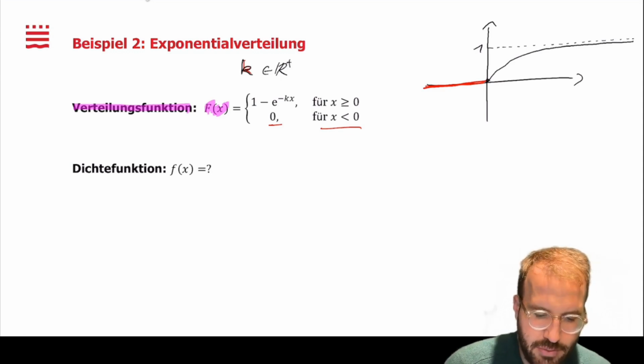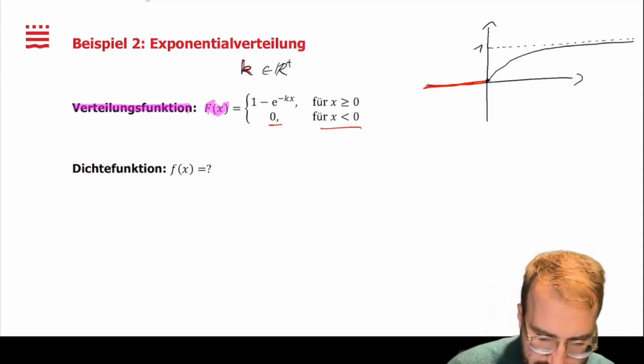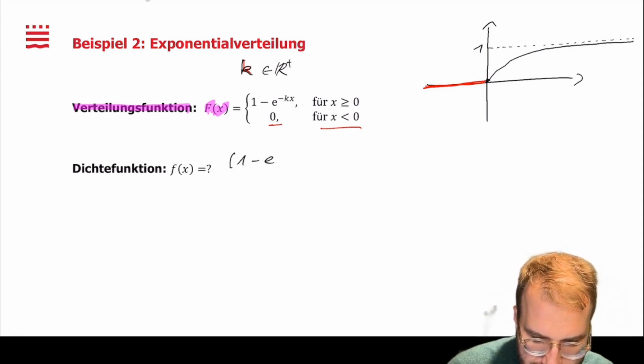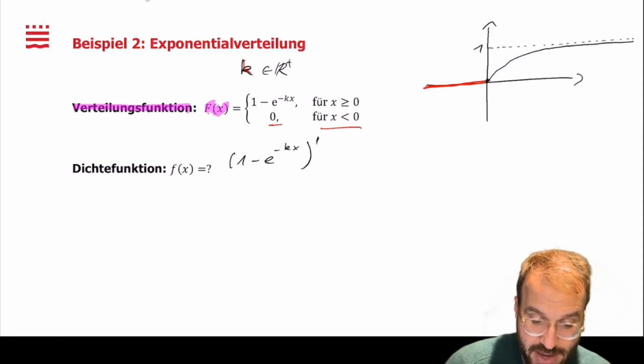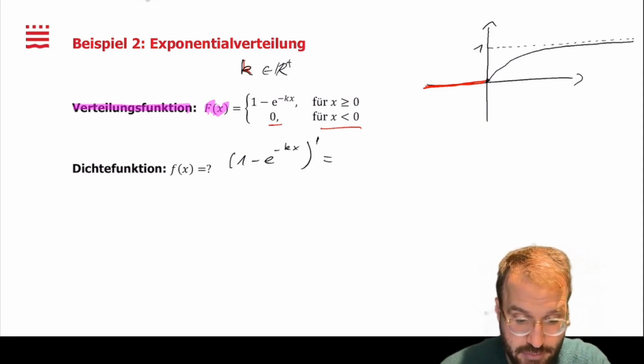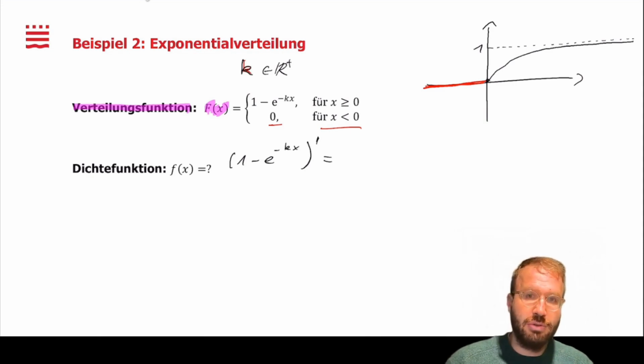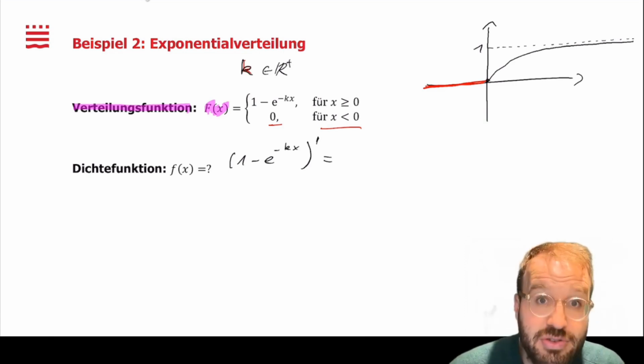Now we want to determine our density function. That is, we take the function 1 minus e raised to the power of minus kx and want to find the derivative. How does that work again? So we first need the derivative of sums: the sum of the derivatives. That means we can differentiate each summand.